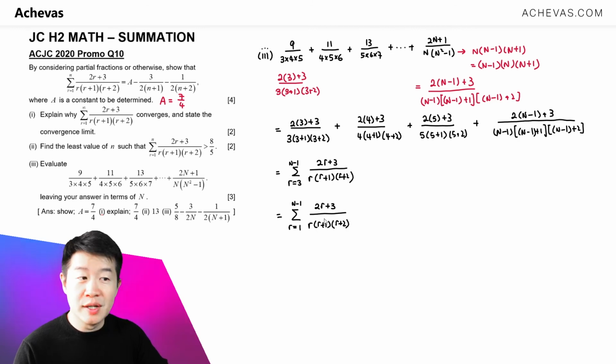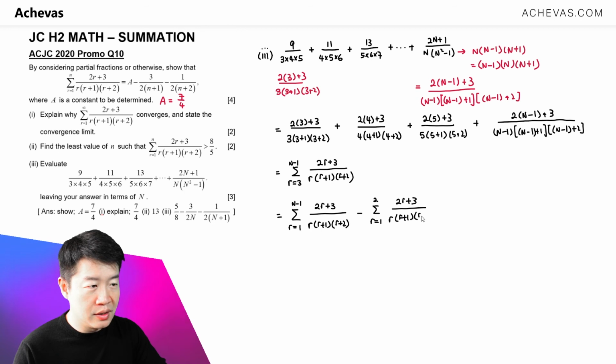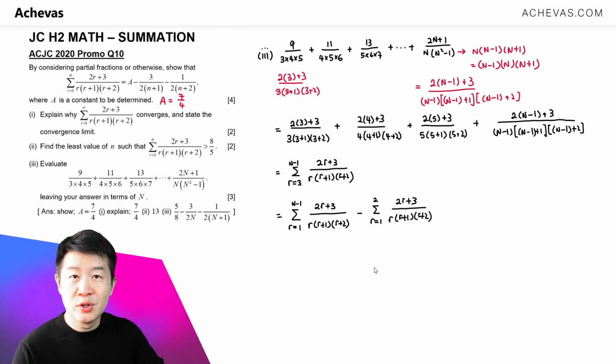And now we have two more terms as compared to this. It is the first term when r is equal to 1 and the second term when r is equal to 2. So I'm going to minus away the first two terms by expressing them within a summation notation again, starting from 1 to 2 of 2r plus 3 divided by r plus 1, r plus 2.